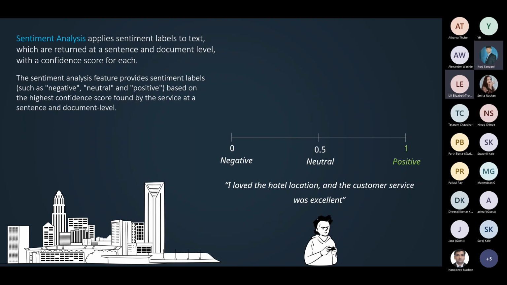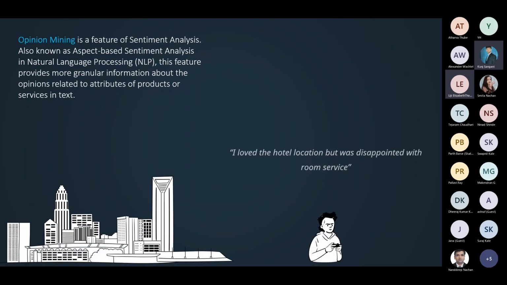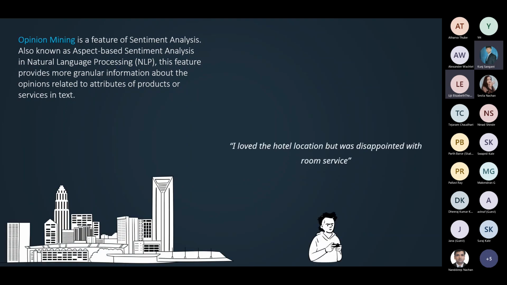But on a practical side, what generally happens is a little more than that. You can see this for Amazon reviews, and for social media comments. It's a mixed sentiment generally, where even within a sentence you would have mixed sentiments. I love the hotel location, but was disappointed with the room service.